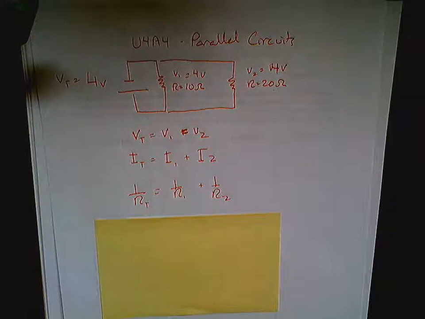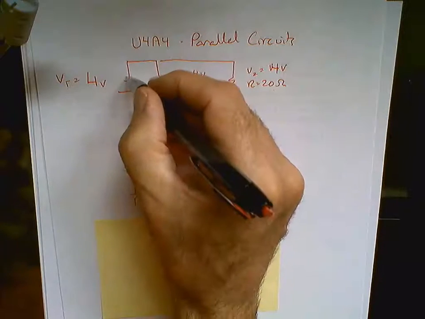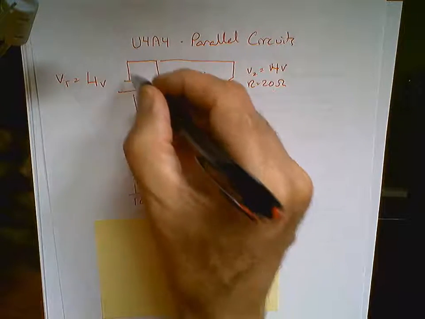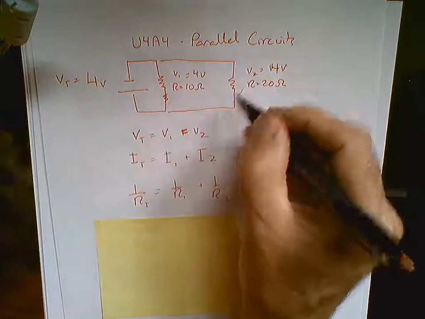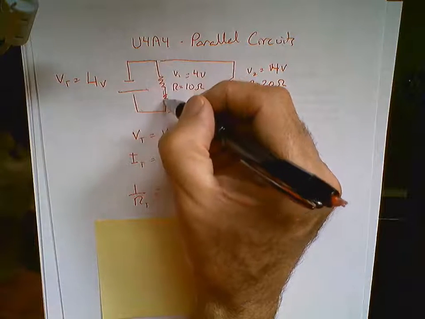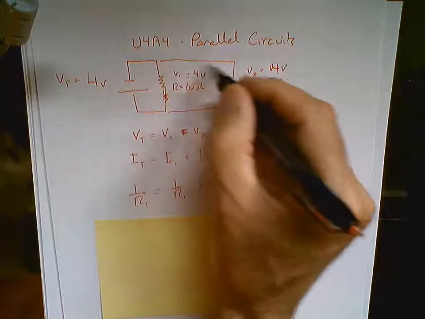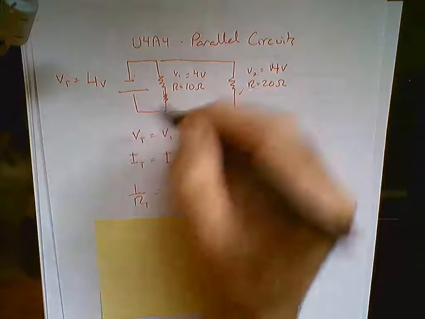Now, I'm going to throw in a quick trick here, just to see if you can catch on to what's going on. This is called a mixed circuit. Here we have a series, and here we have parallel. Series means we have things hooked up within the same strand. These are in the same strand. This one here is hooked up in a separate strand.